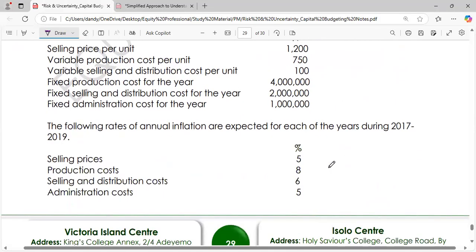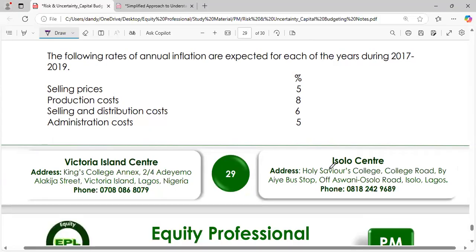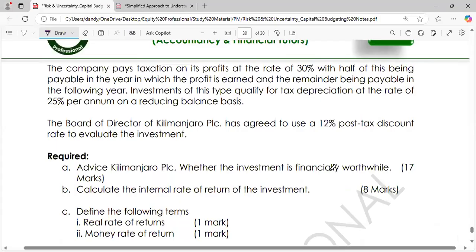The following rates of annual inflation are expected for each of the years during 2017 to 2019. We have selling price 5%, production cost 8%, selling and distribution cost 6%, administration cost 5%. The company pays taxation on its profits at the rate of 30%, with half of this being payable in the year in which the profit is earned, and the remainder being payable in the following year.